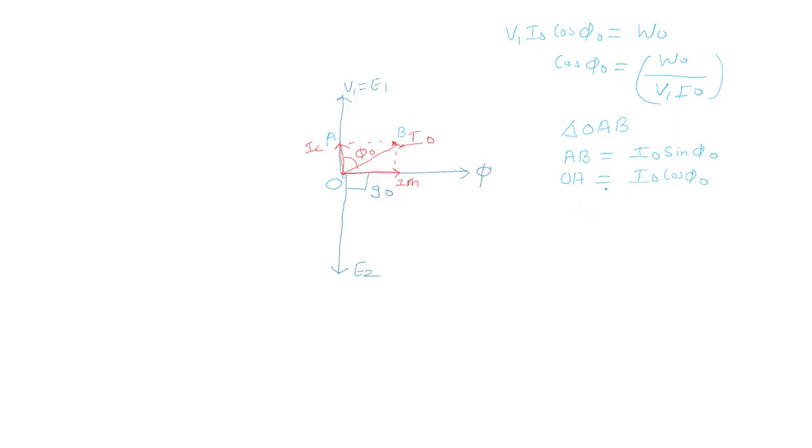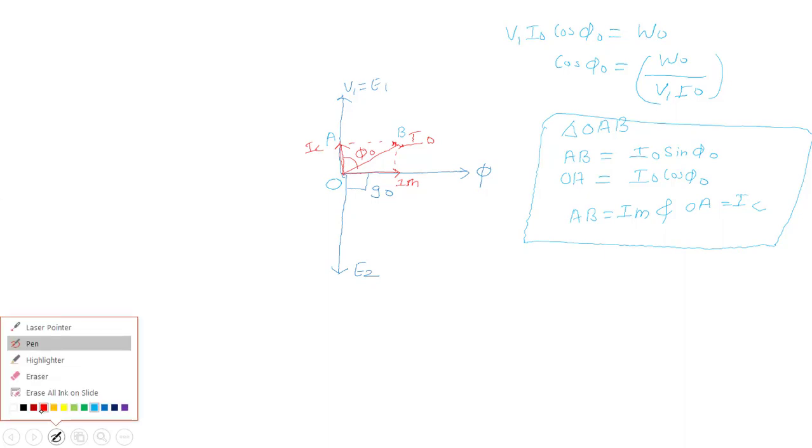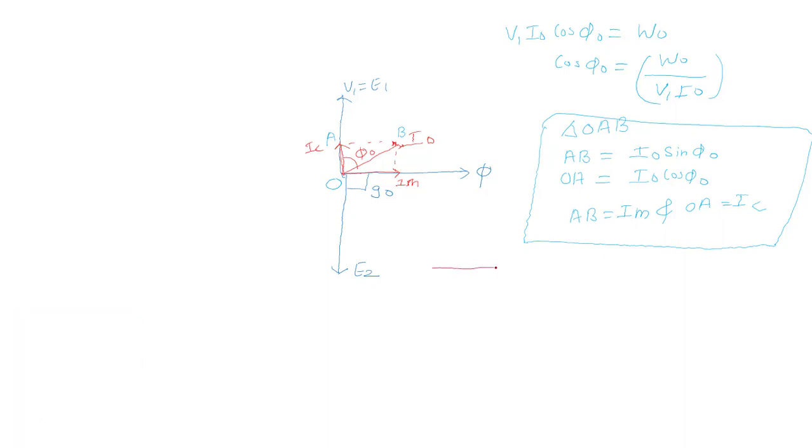Then AB is equal to the magnetizing current IM. Similarly, OA is equal to IC. Now we know the values of IM and IC, so we can calculate XM and RC, because in the previous diagram we have seen that this is our circuit.